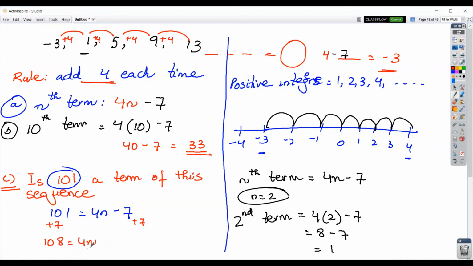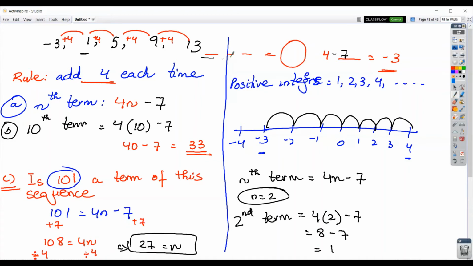Now you divide by 4 on both sides. When you do 108 divided by 4, you get 27. So the n value is 27. As I said, the n value is supposed to be a positive integer, and 27 is a positive integer, which shows clearly that 101 is part of the sequence.